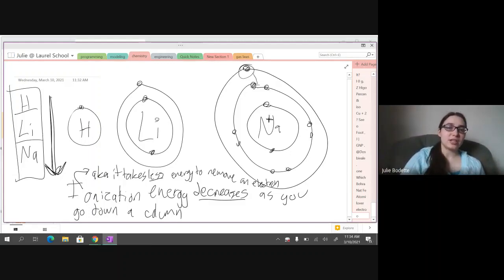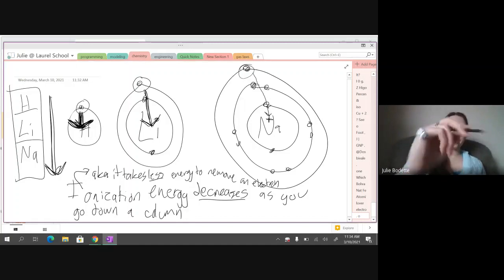So it's not super attracted. We can get rid of it without too much trouble. This electron here is attracted even more strongly to the positive nucleus because there's fewer electrons in the way. And this electron here is attracted really strongly to the positive nucleus because there's literally nothing in the way. It's just an electron and a proton, right? So that's got a really strong attraction.